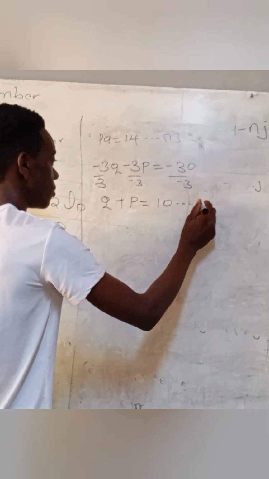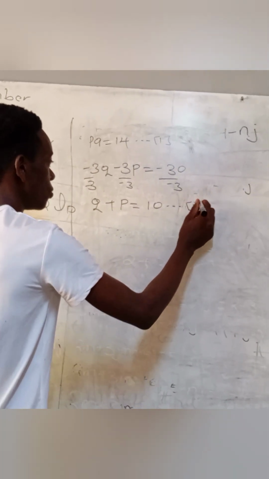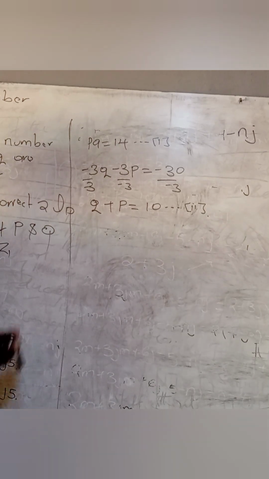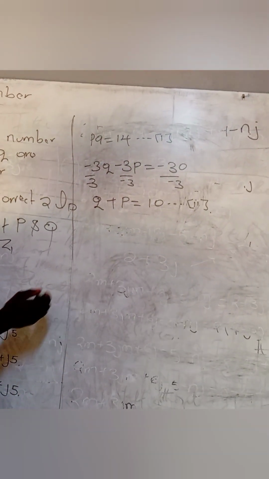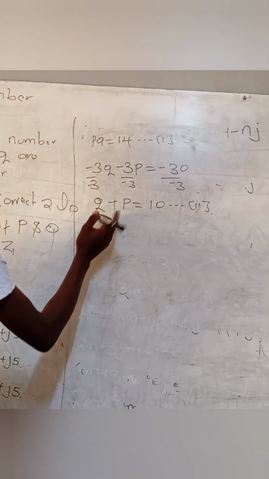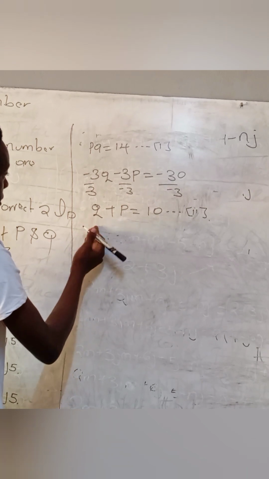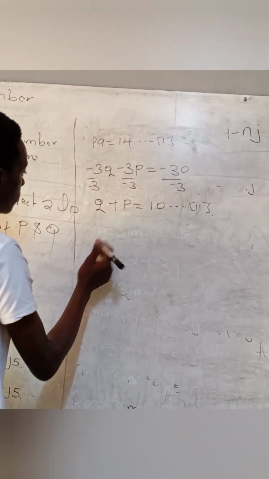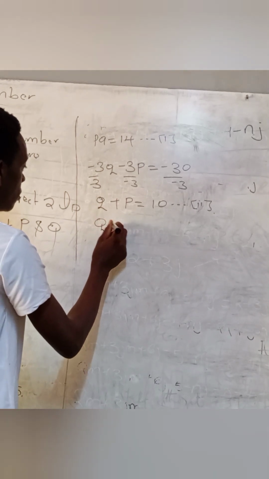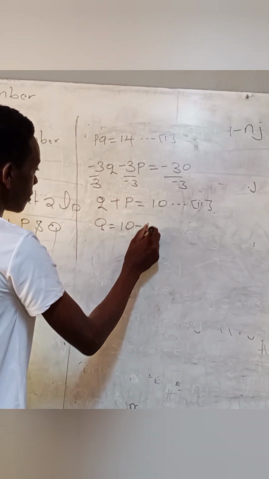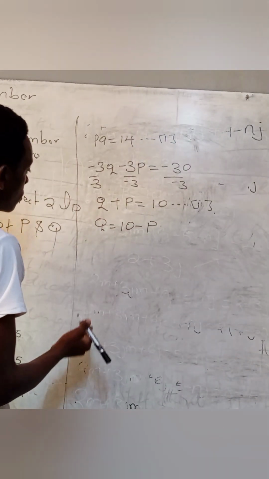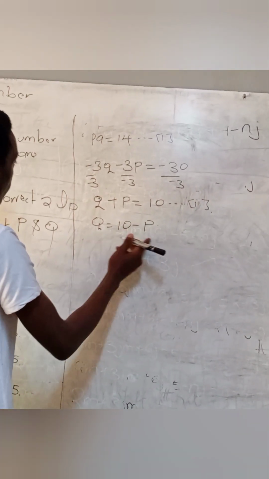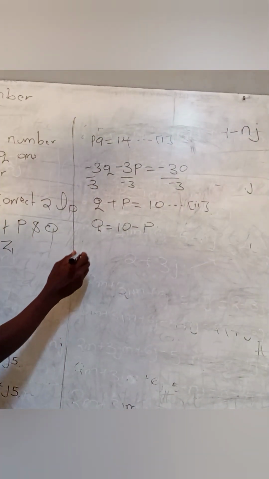This is equation 2. I have equation 1 and equation 2. I want to make q the subject, so I will have q is equal to 10 minus p.